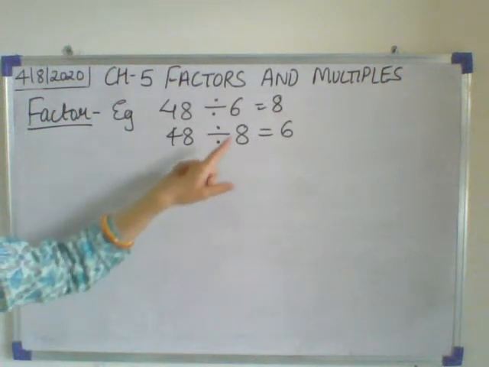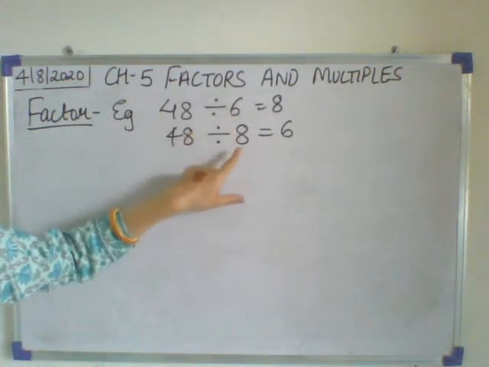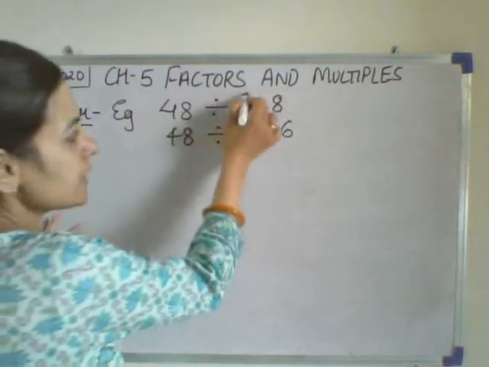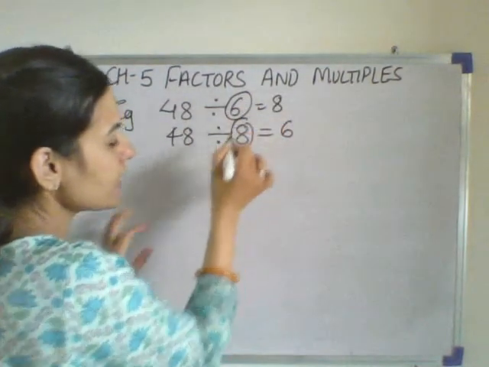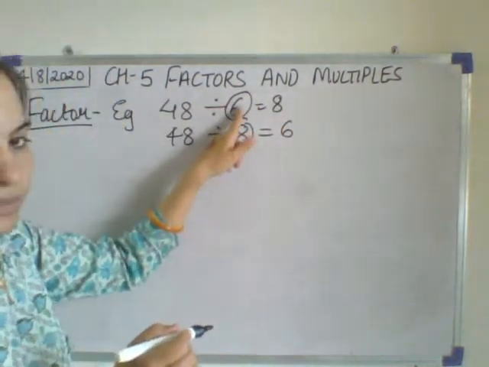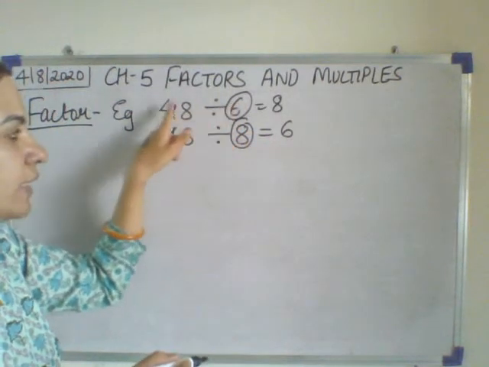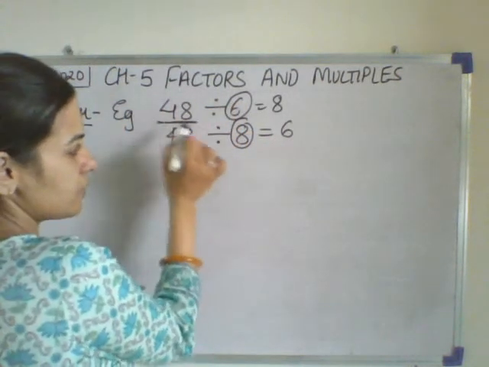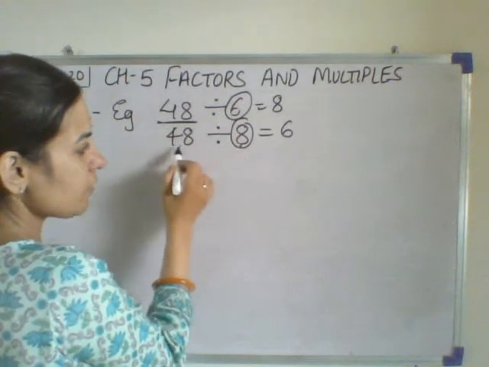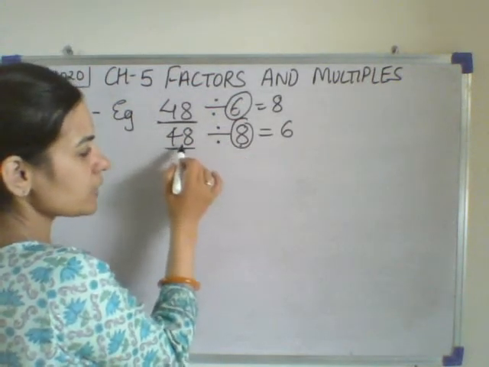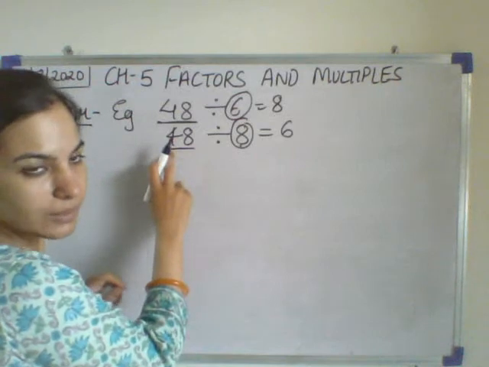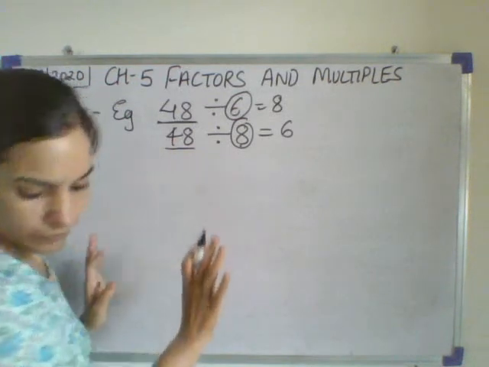So this 6 and 8 are called the factors. 6 is a factor of 48 because it divides the number completely, and 8 is also a factor of 48. Why? Because it divides this number completely. There is no remainder.